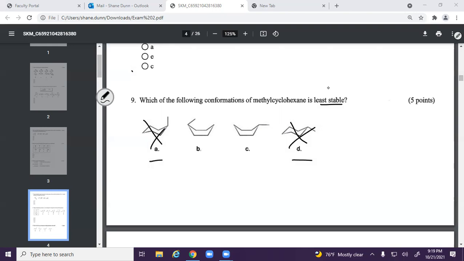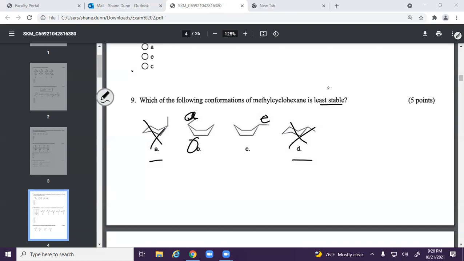Yes. Okay. Up next, we have one going equatorial and one going axial, even though it doesn't look like it, because a chair is a bit different than a line angle. So do you want heavier groups such as methyl on axial or equatorial? Equatorial. So which one is not on equatorial?